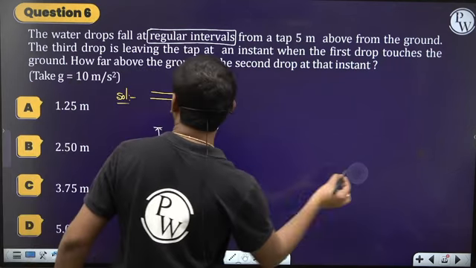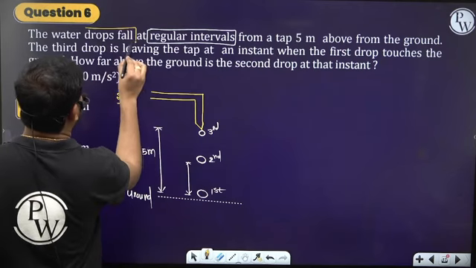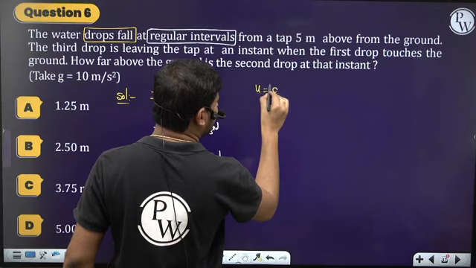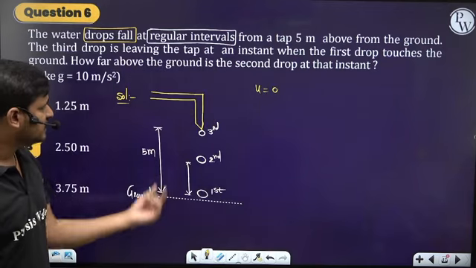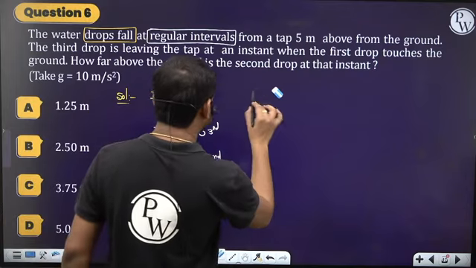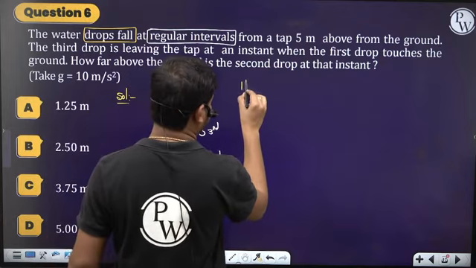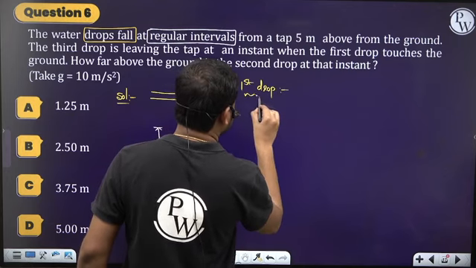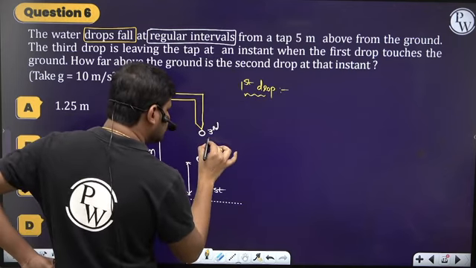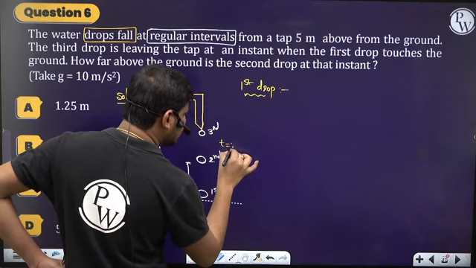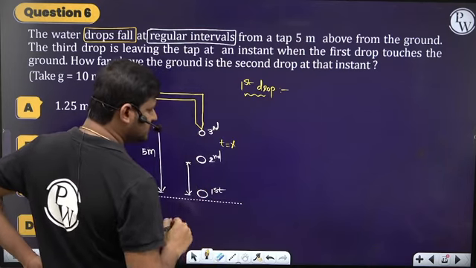So the water drops fall, and the initial velocity of each drop is 0. Consider the first drop. Let's say the time taken from the first drop to the second drop is t equals x.